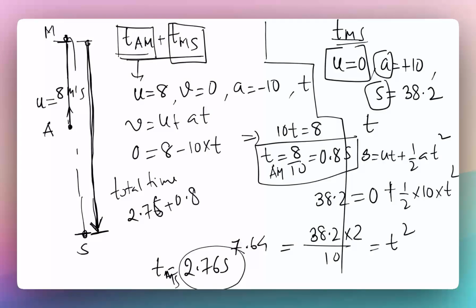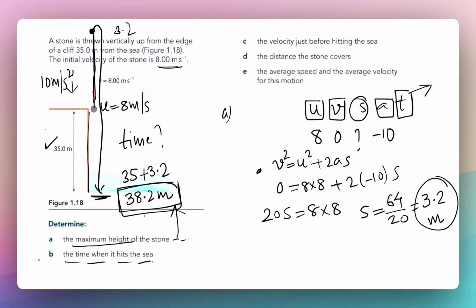Okay, that is going to be 3.56 seconds. Okay, so that way we have solved part 2. Now it is asking what is the velocity just before hitting the sea.